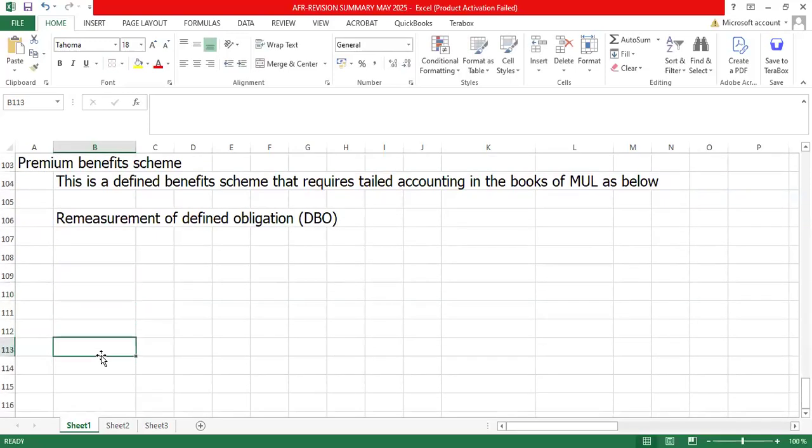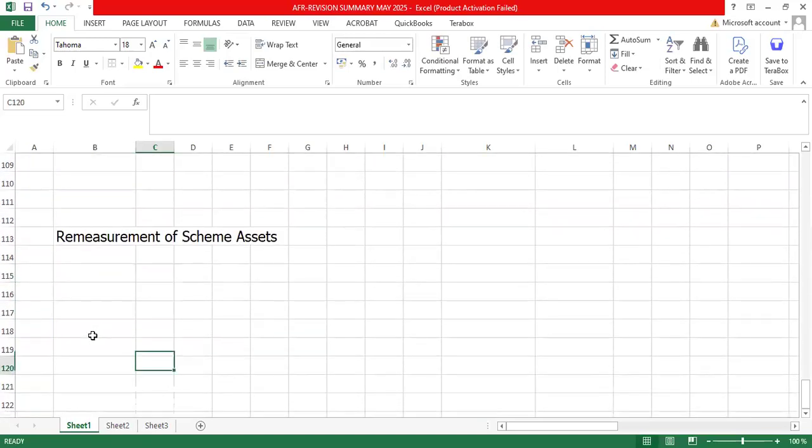Then you also need the remeasurement of the plan asset. Then from that, you will draw the extracts of balance sheet and the comprehensive income. I believe you will handle it.